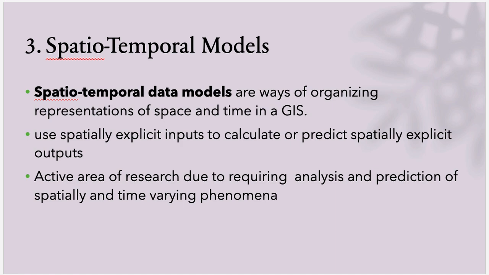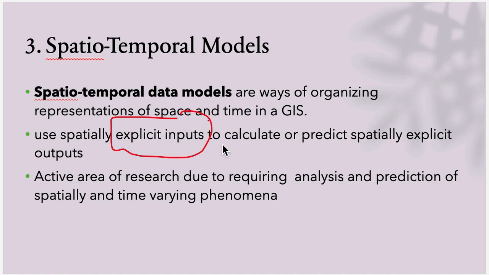For example, if we are using a demographic model, our explicit inputs would be our current population in a census, also housing availability and cost, and also the age and marital status of the population.